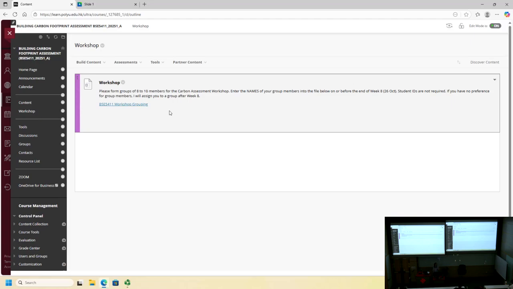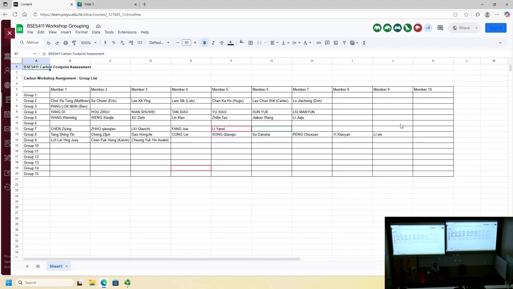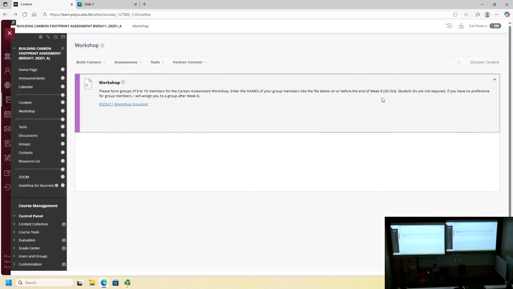So please form groups of around 8 to 10 members. Although in the Google Sheet I originally made it 8 to 9, I think 10 is also acceptable. If you have group members, please put your name here, and please do it before the end of week 8.